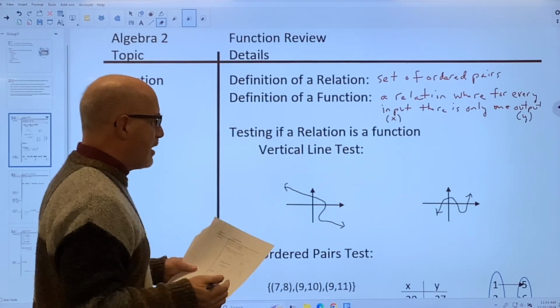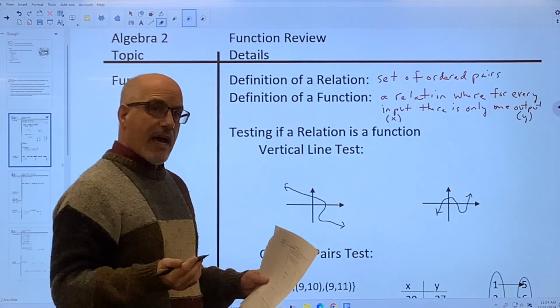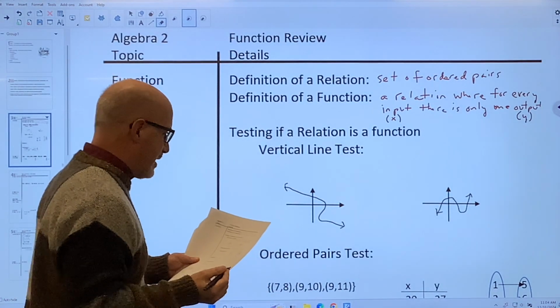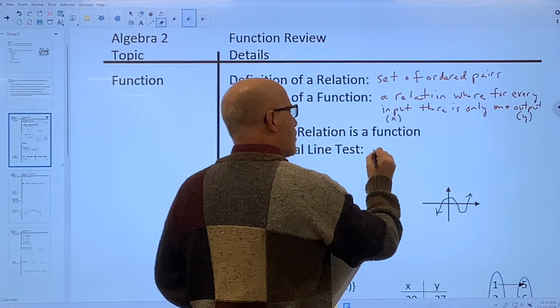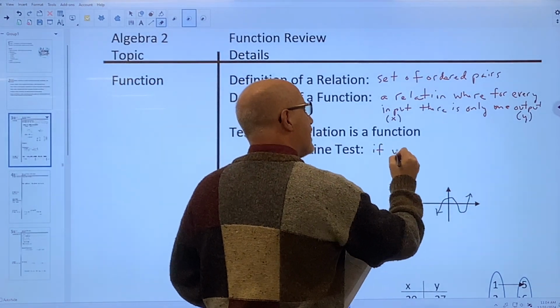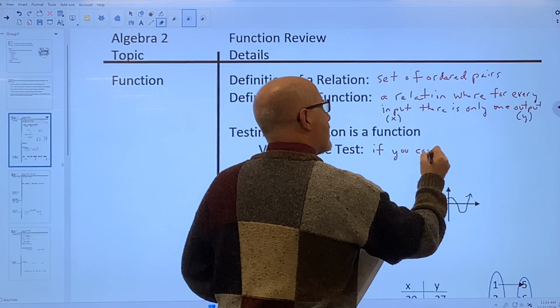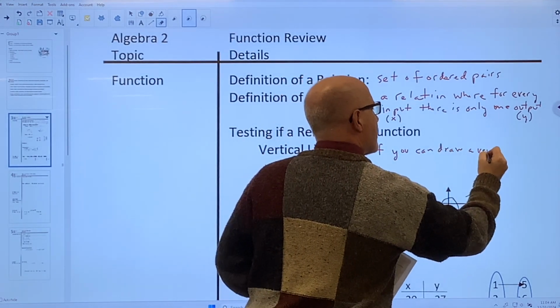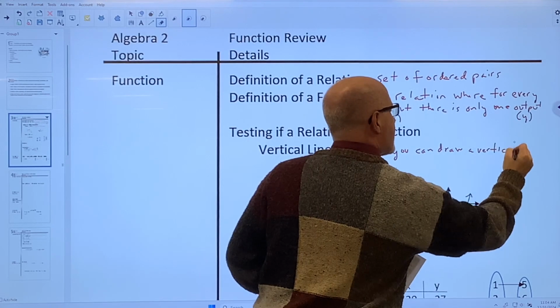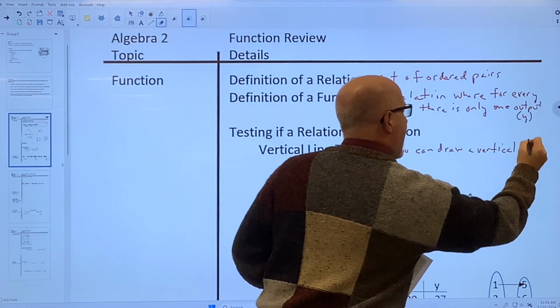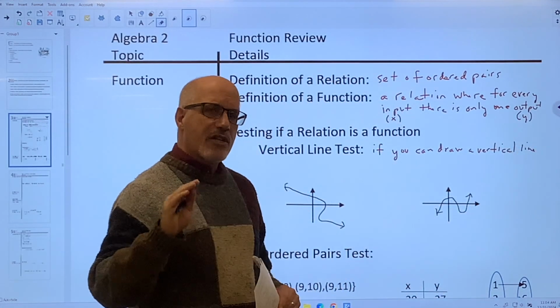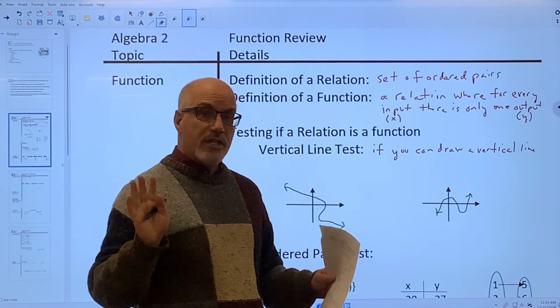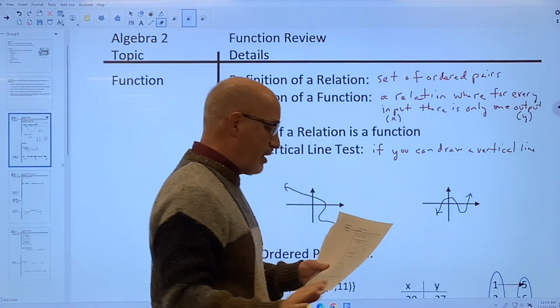So we want to test to see if a relation is a function. The first thing we have used was with graphs, the vertical line test. If you can draw a vertical line and that vertical line hits the graph 2 or more times, it is not a function.